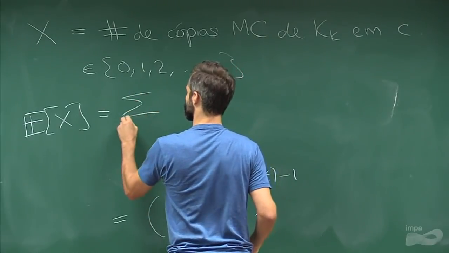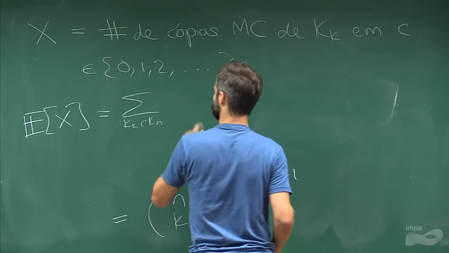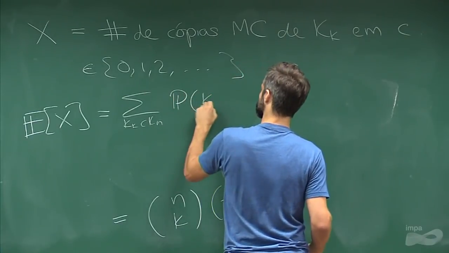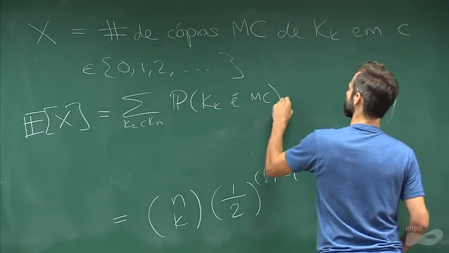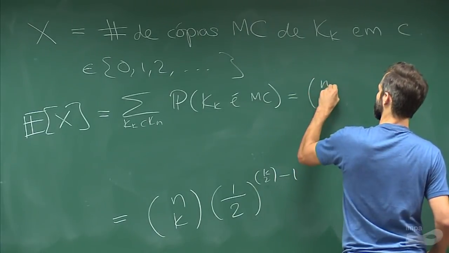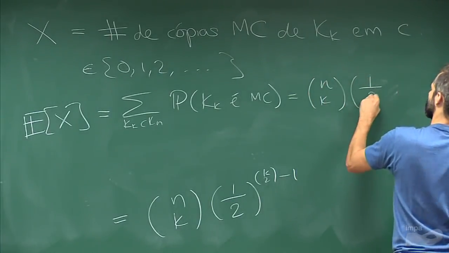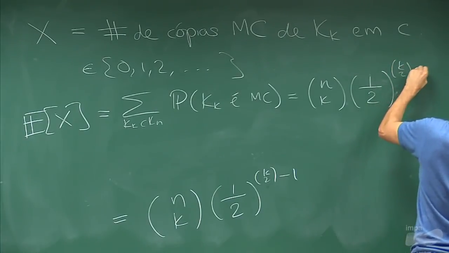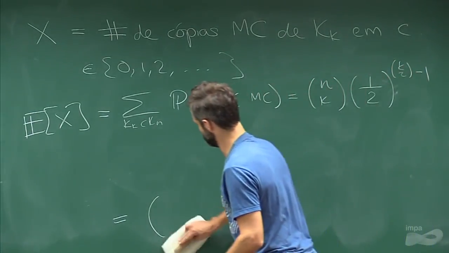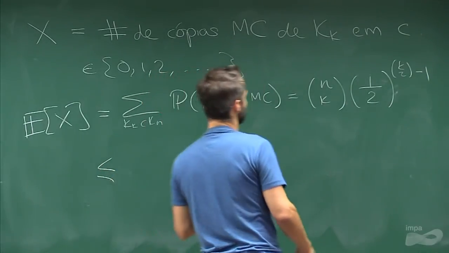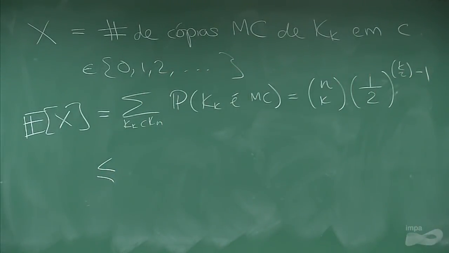So the sum over K_k in K_n of the probability K_k is monochromatic equals n choose k times a half to the k choose 2 minus 1. We would like an upper bound on this. So now we have to do some boring estimation to show it's small.